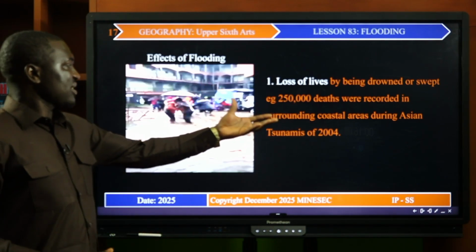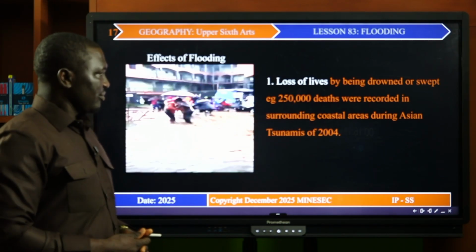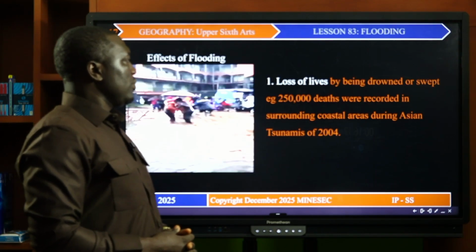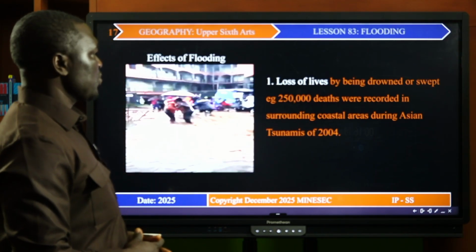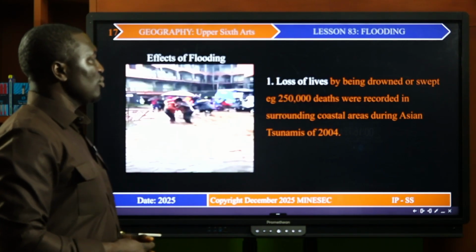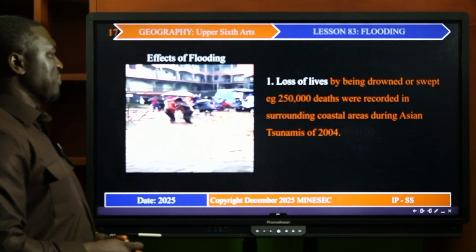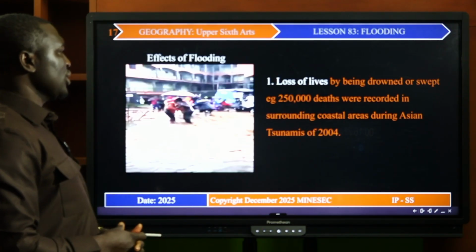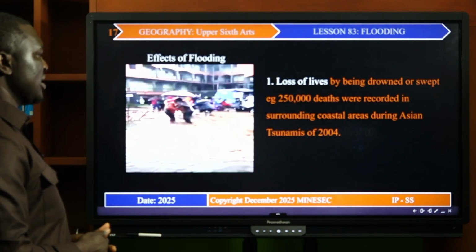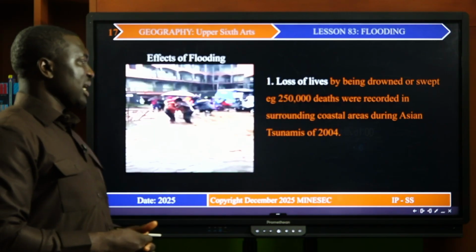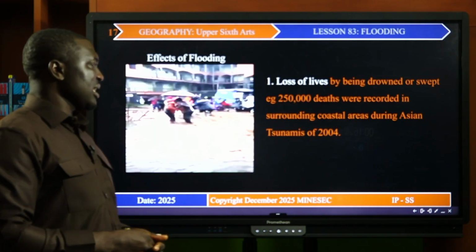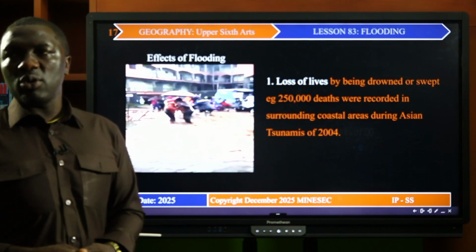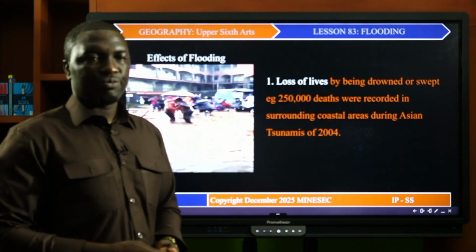Loss of lives. By being drowned or swept, about 250,000 deaths were recorded in coastal areas during the Asian tsunami in 2004.